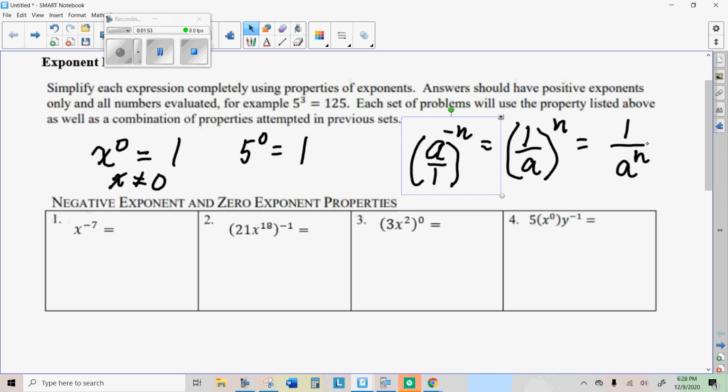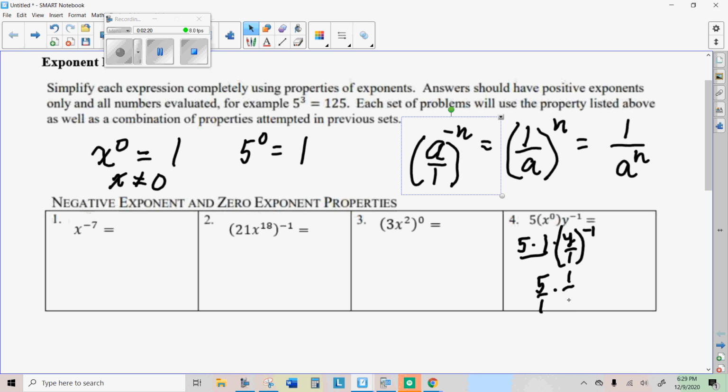All right, so I'm going to pick one of these to do with you. I think I will do number 4 for you. Let's split this up. We have a 5. X to the 0 is just 1, so let's put 1 there. And then we have y to the negative first. Let's write that as a fraction. Okay. Now we're going to flip it. 5 times 1 is just 5, right? Since we have a fraction going on, let's put 5 over 1.